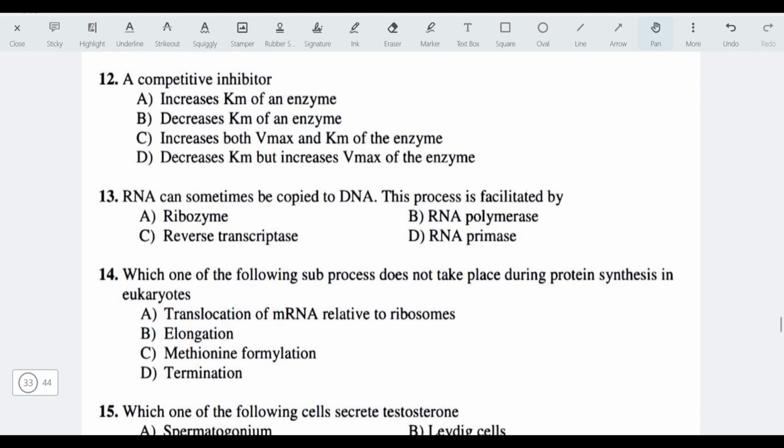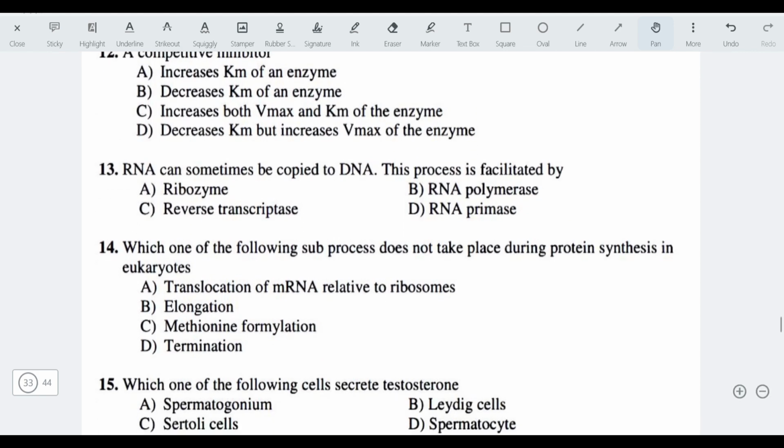Next question. A competitive inhibitor. The correct answer is increases Km of an enzyme. Competitive inhibitors increase Km value, but they decrease affinity, and they do not affect Vmax.